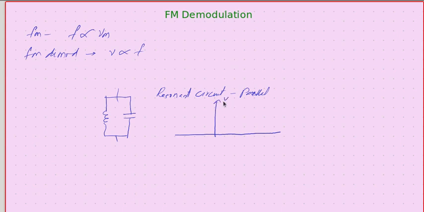the output voltage, or the voltage across the circuit, varies in accordance with the frequency, and it is going to be highest at the resonant frequency.